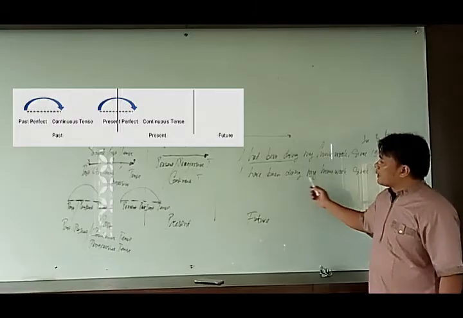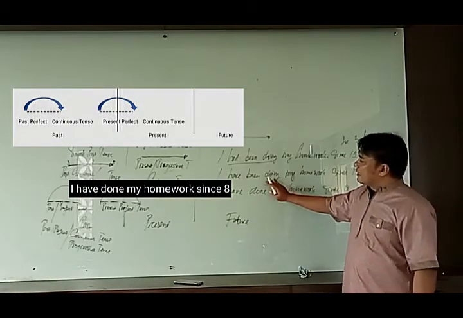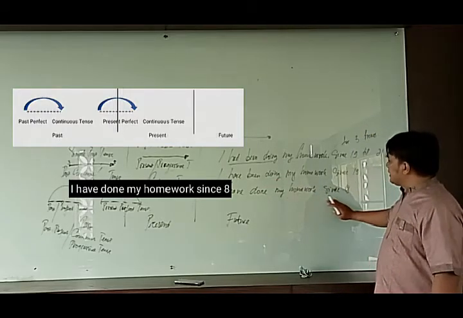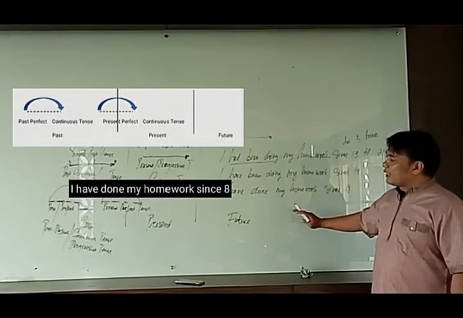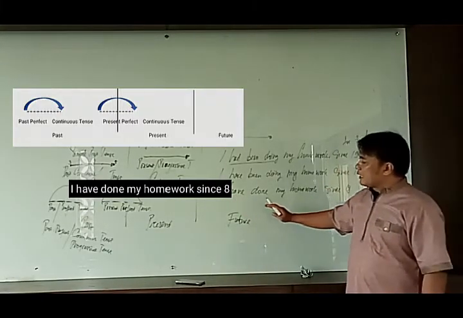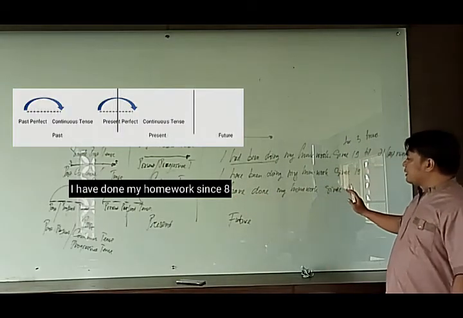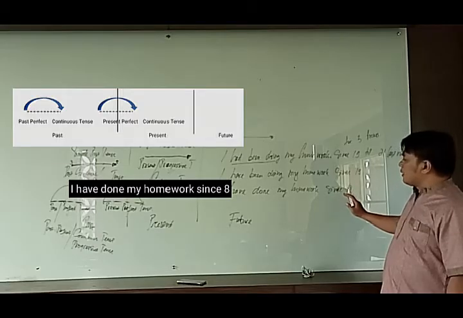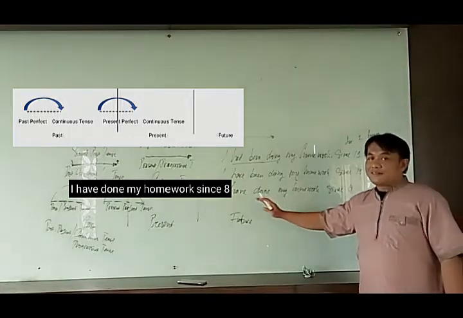Betul, bisa dua-duanya. Kalau ini dengan ini bedanya, kalau ini tidak menerangkan sedang, hanya menerangkan satu kegiatan telah dilakukan dari waktu lampau dan sekarang masih dilakukan, namun tidak menerangkan rentang waktu sedang.